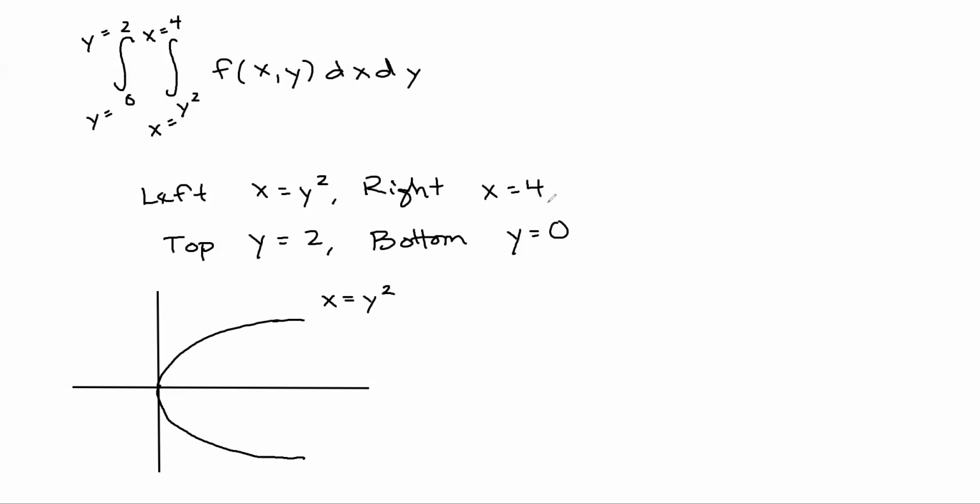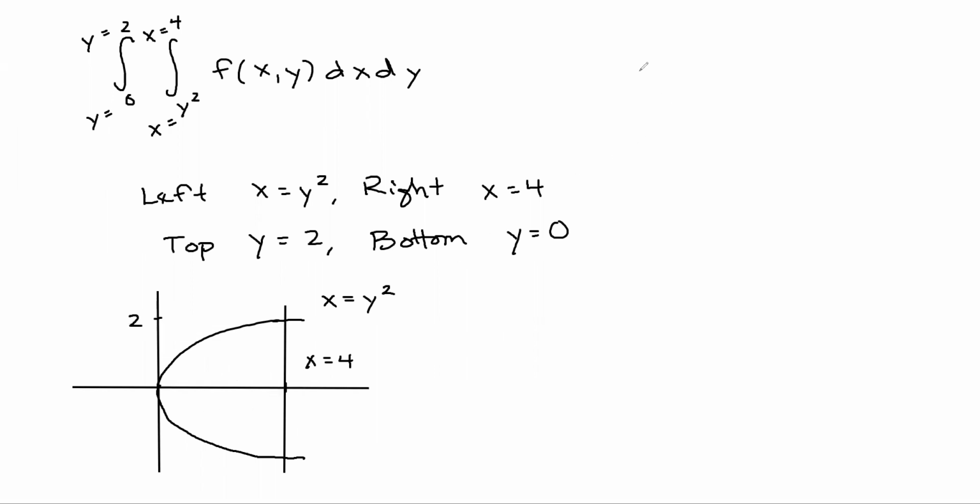And then we have x equals 4. That's the left and right of our object. Then the top is at y equals 2, and the bottom is at y equals 0. Oh, hold on, it's cutting off the bottom half of this.